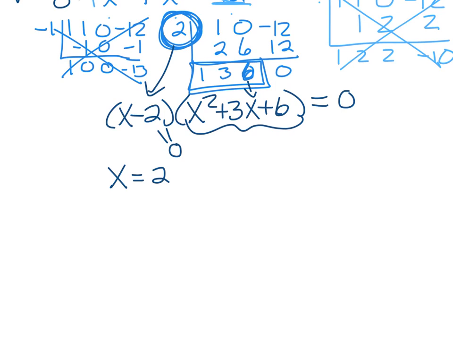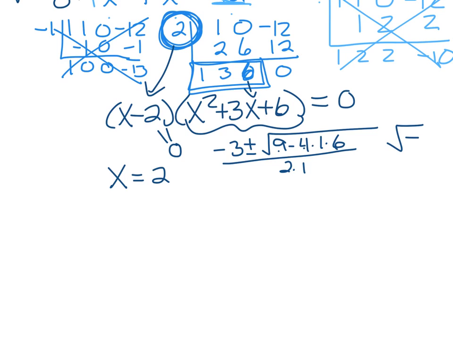So if we use the quadratic formula, we'd have negative 3 plus or minus square root 3 squared minus 4 times 1 times 6 all over 2 times 1. Automatically, I can see that 9 minus 24 is a negative number. And we will solve for imaginary zeros later, but in this real-world problem, we're not going to have an imaginary sculpture. So the only 0 that works is 2.